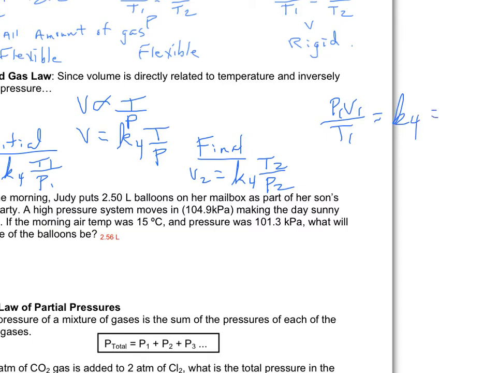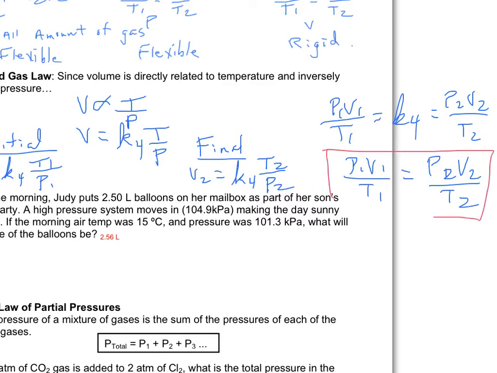For the final conditions, it would be P2V2 over T2, which also equals K4. So I can eliminate the K4 and make those two equations equal to each other. This is the form of the combined gas law that we're going to use.